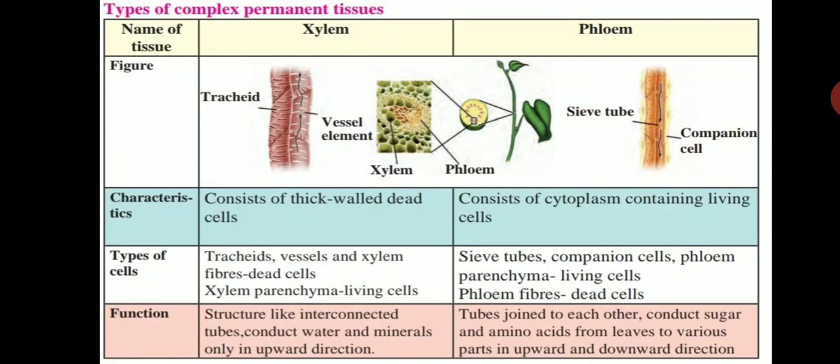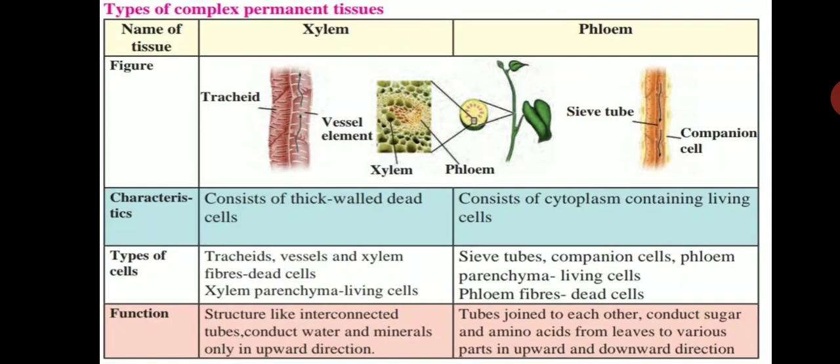Then what are the different types of cells present in these tissues? In case of xylem tissue, there are 4 different types of cells. First one is tracheids, then vessels, xylem fibers and xylem parenchyma. From these 4 types of cells, 3 types are dead cells and only one type is living cell. That is, xylem parenchyma is living cell and the other 3 types are dead cells.